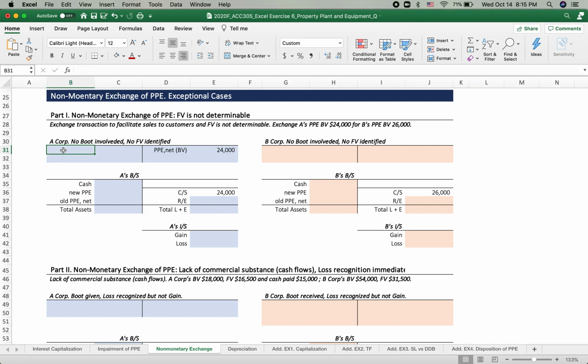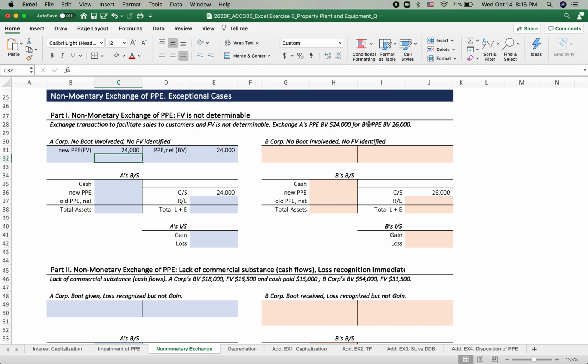And then the new asset we received, that is the fair value. Can we put here the fair value we received? But we don't know what the fair value is. So inevitably we put this $24,000, which is the net book value of PPE foregone.